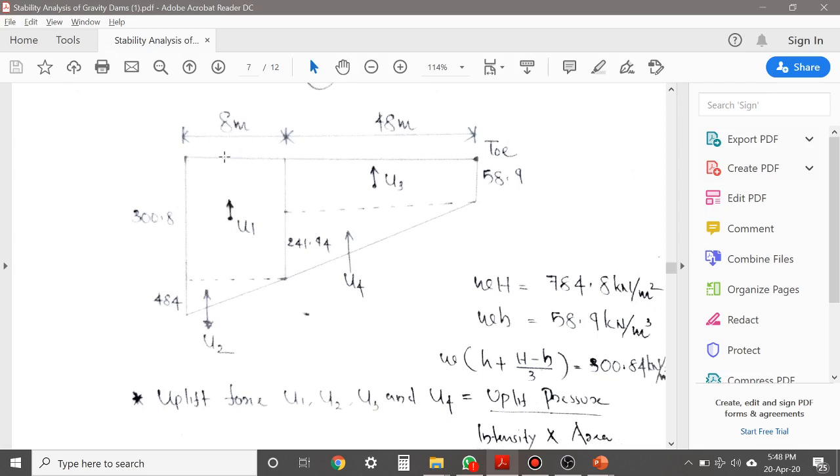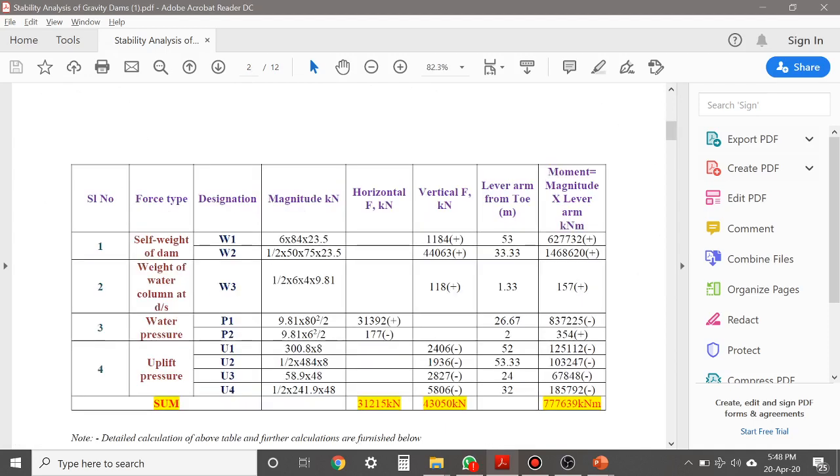Means the width of the rectangle is 8, so it will be acting at 8 by 2, 4. So 4 plus this 48 will be the lever arm distance of U1 to toe. Similarly, you can calculate the lever arm distance of U2, U3 and U4. Let's go back to the table. You can check the lever arm distance of U1, U2, U3 and U4.